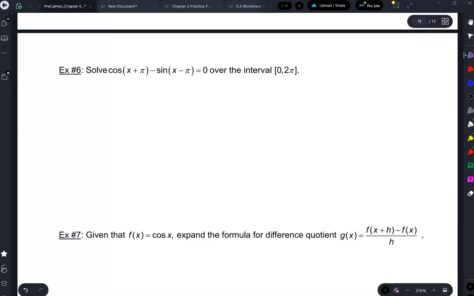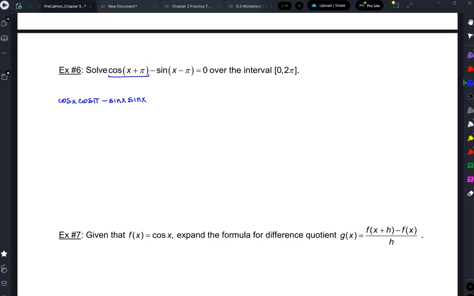Okay, let's do an equation. We're going to solve this over the interval 0 to 2 pi, similar to section 3. Look at what I have here. It's a lot. Here I have the sum and difference of cosine, cosine, sine, sine. So let's first take care of that: cosine, cosine, minus sine, sine.